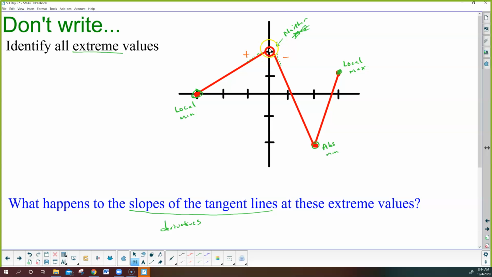So these are critical points, but this is an example like we saw in the second warm-up today. The derivative does not exist. And same thing here. The derivative does not exist because the slope on the left is negative and the slope on the right is positive, so therefore the derivative doesn't exist.